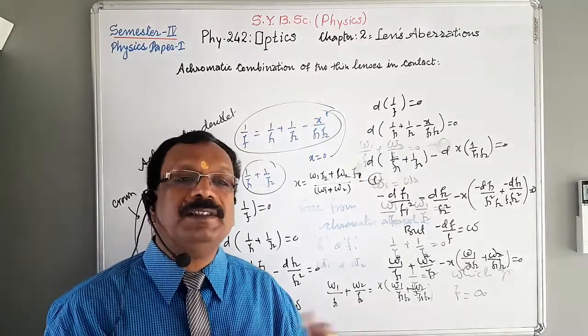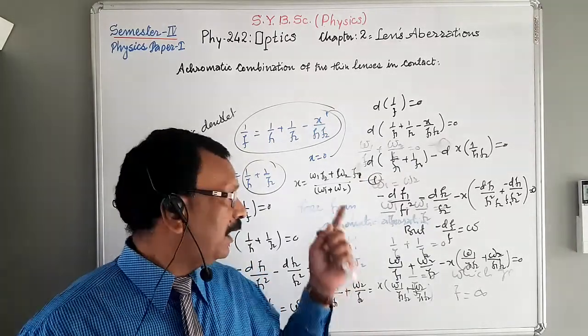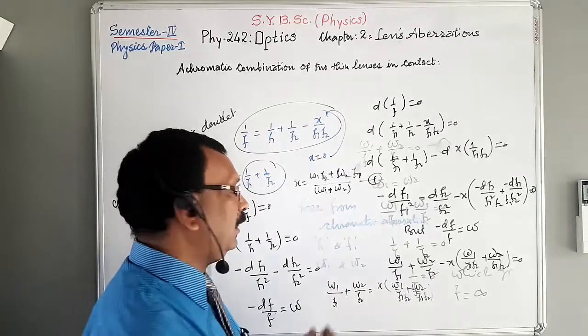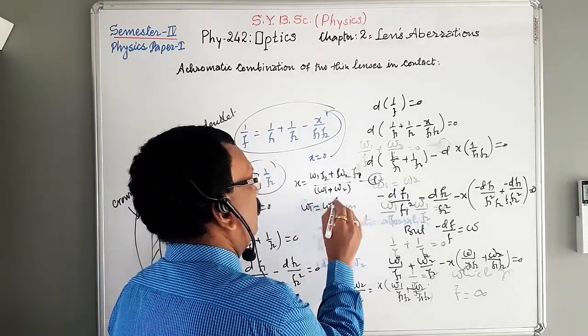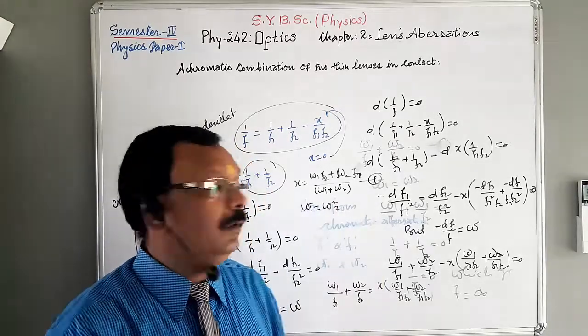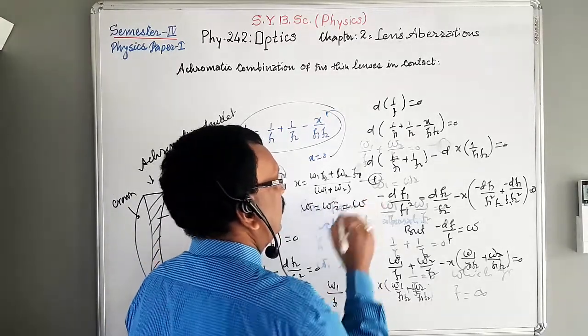If lenses are made of the same material, then omega 1 is equal to omega 2, say omega.